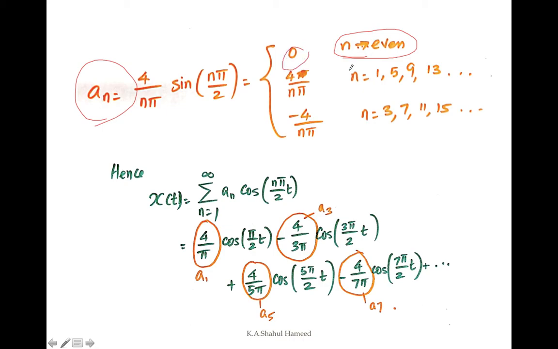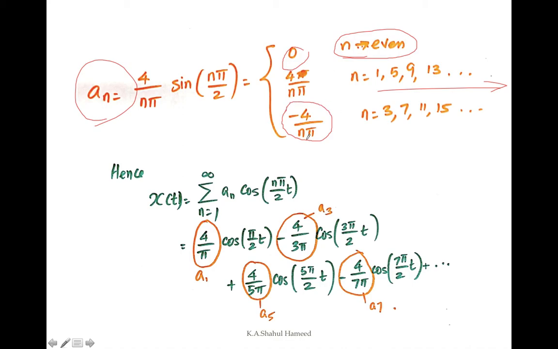For odd values, in particular n equal to 1, 5, 9, 13, the value of an is 4 by n pi. At the same time, when n is equal to 3, 7, 11, 15, the value of an is minus 4 by n pi.